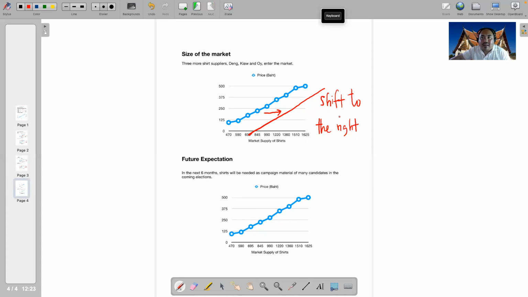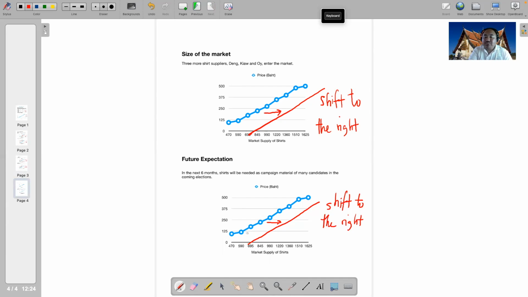They know that there will be a lot of shirts needed because now is the campaign season. So they will produce more shirts. That situation becomes an incentive for them to make more shirts. So in the end, because of that hopeful expectation, there will be more shirts supplied in the market. Shift to the right.